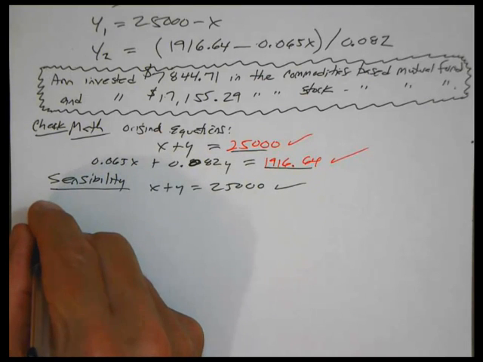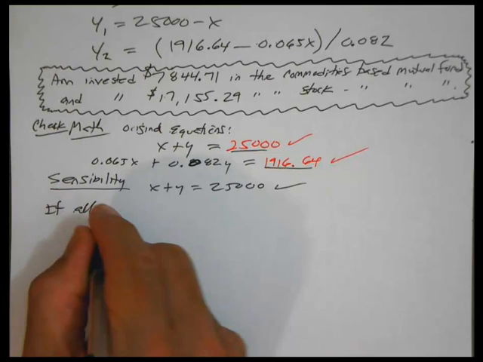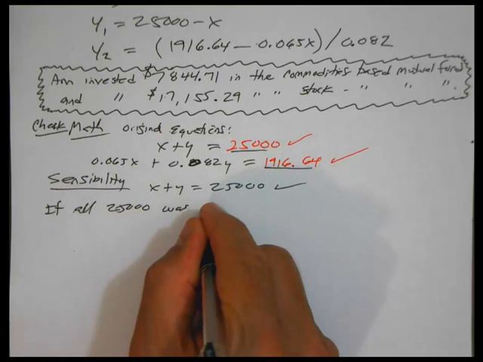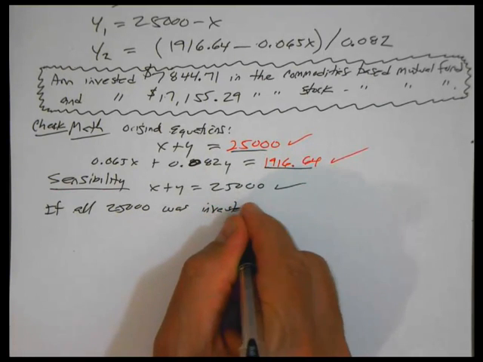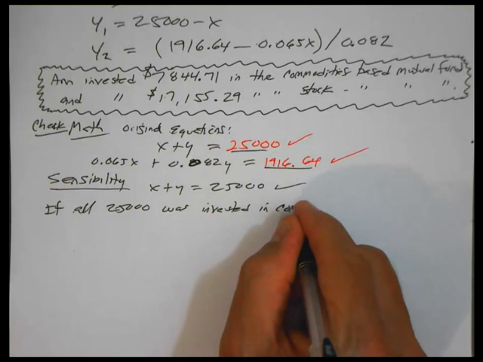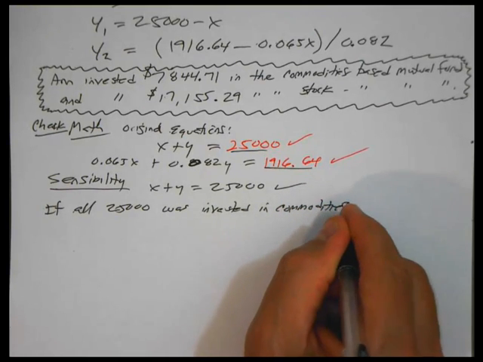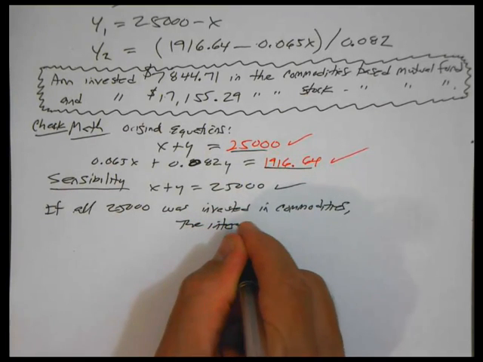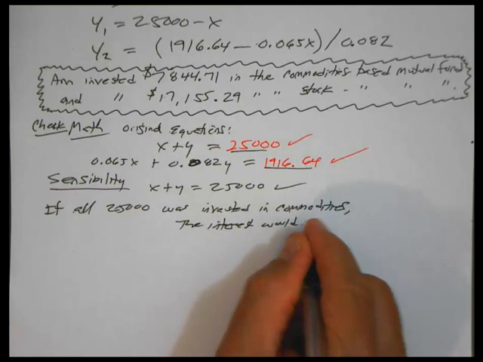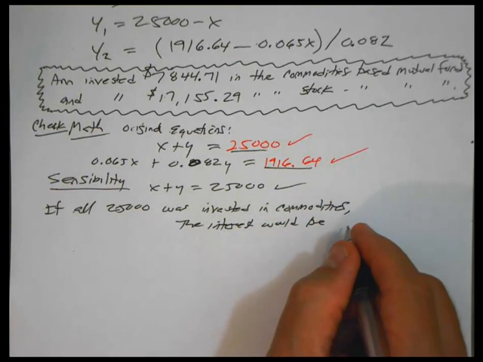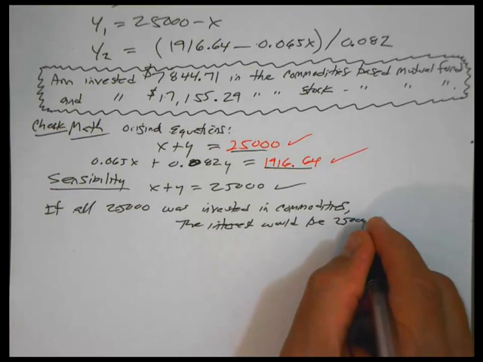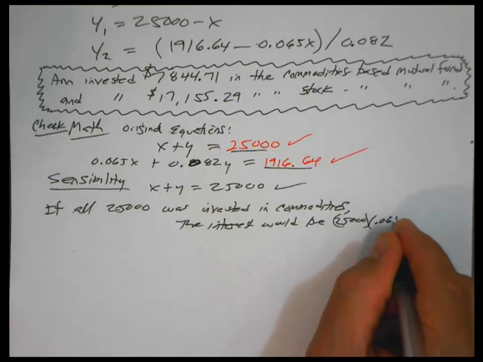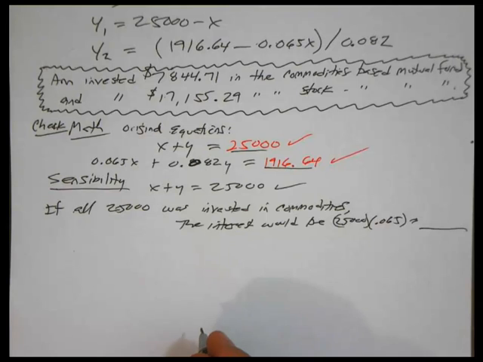So if all $25,000 was invested in commodities, roughly speaking, the interest would be 25,000 times the 6.5%. Get a number there on the calculator.